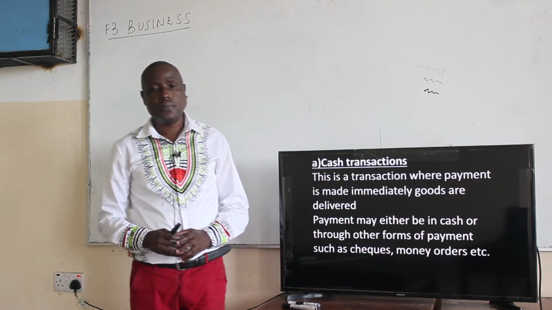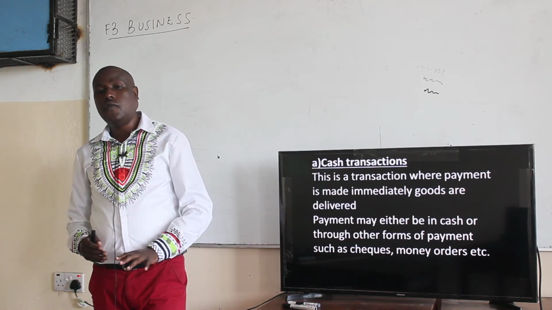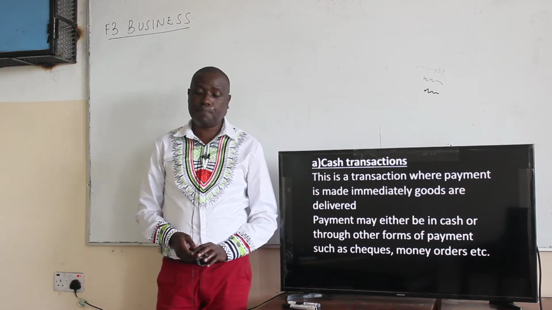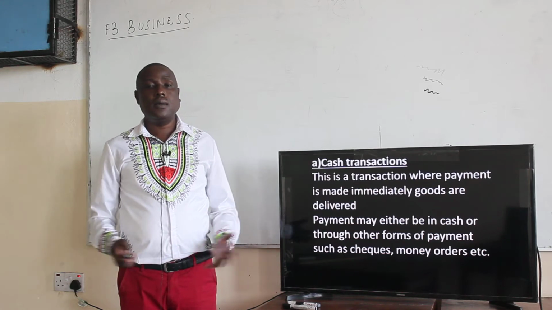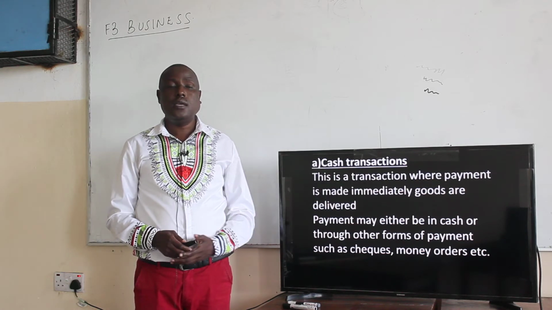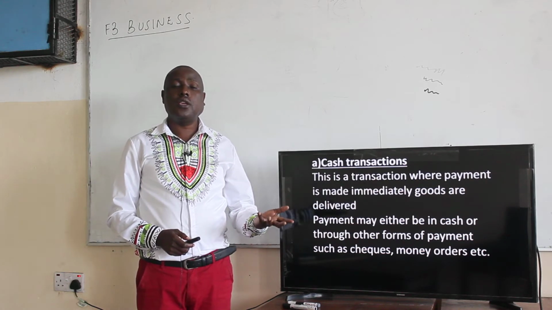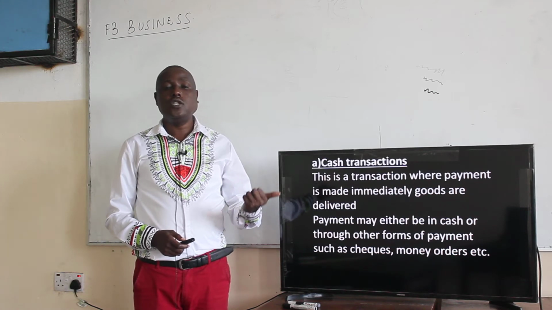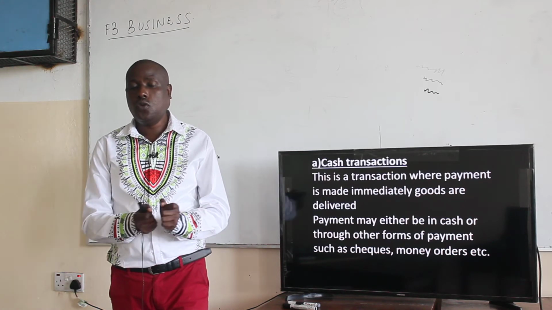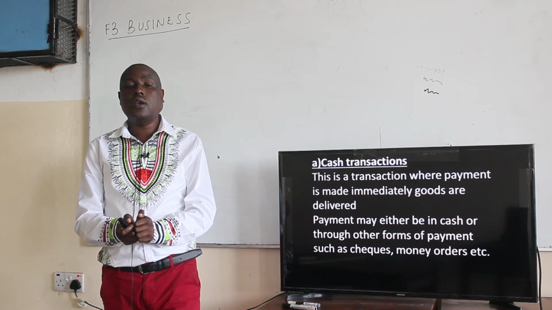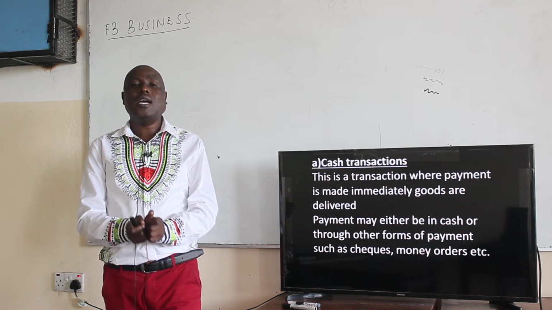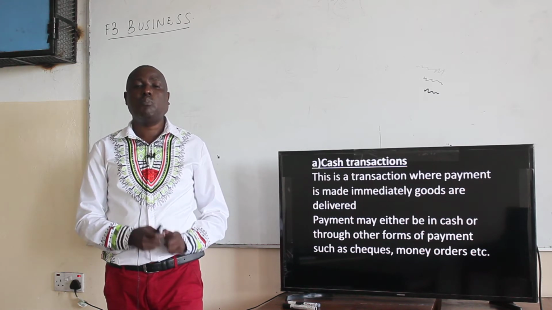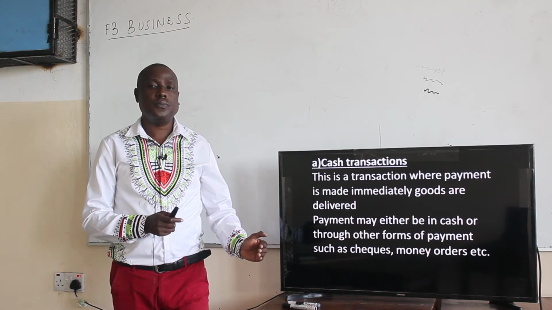For example, when you flag down a tuk-tuk, you tell the driver or the rider to take you to Marikiti. And once you reach there, you pay using a 50 shilling or 100 shilling note. That is a cash transaction. Payment is immediate.